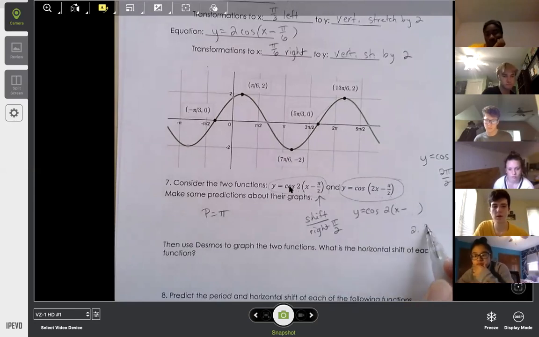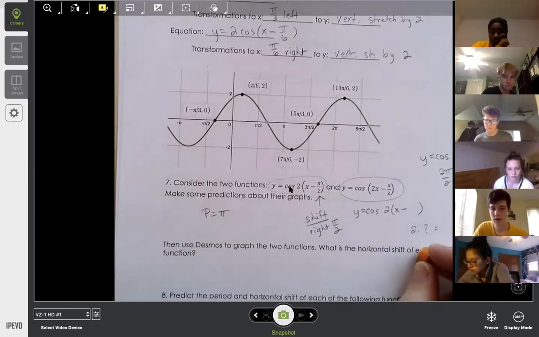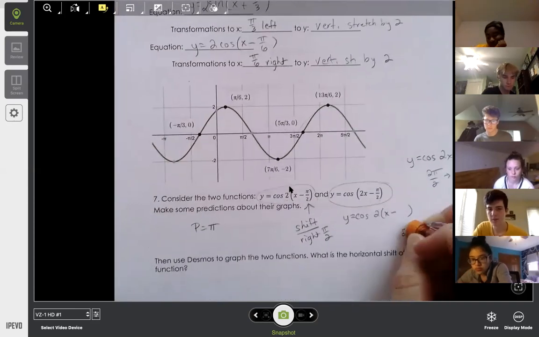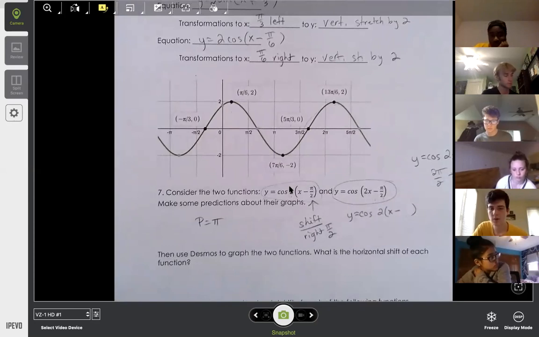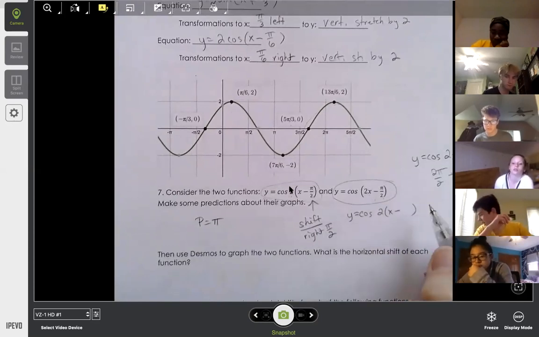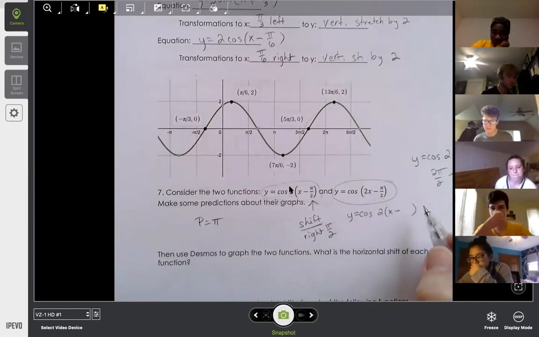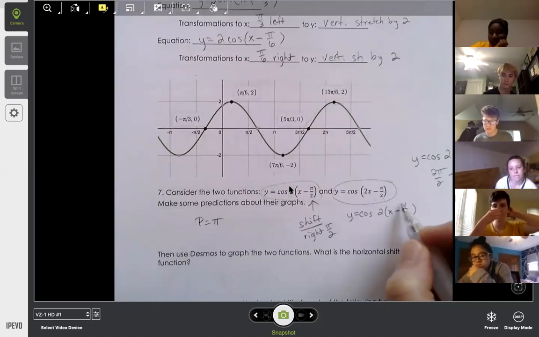Anybody? What was the shift in that problem? Remember? Isn't it pi over 4? It was pi over 4.